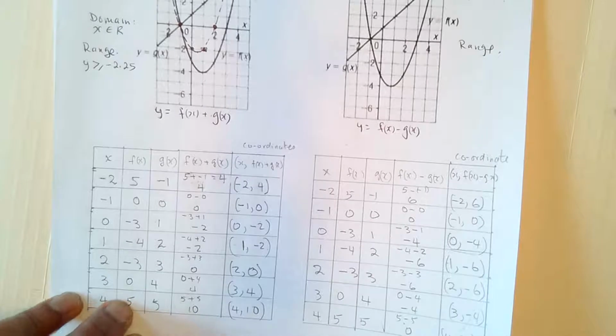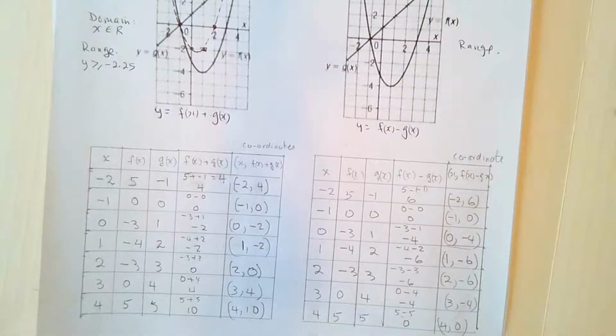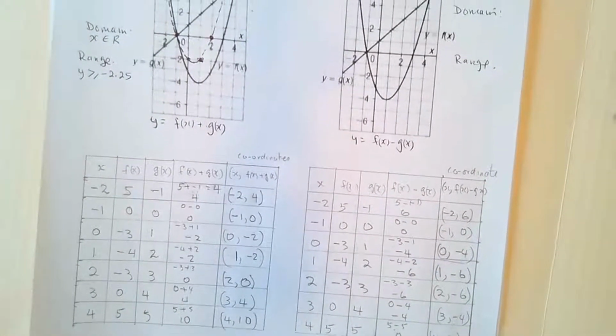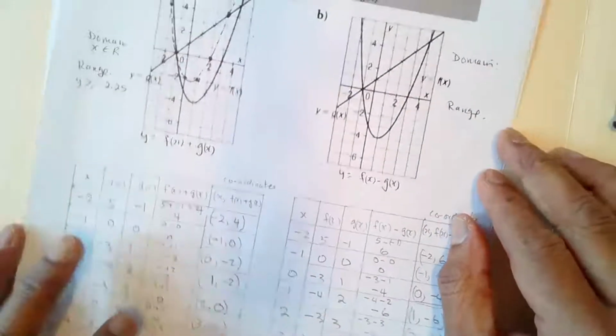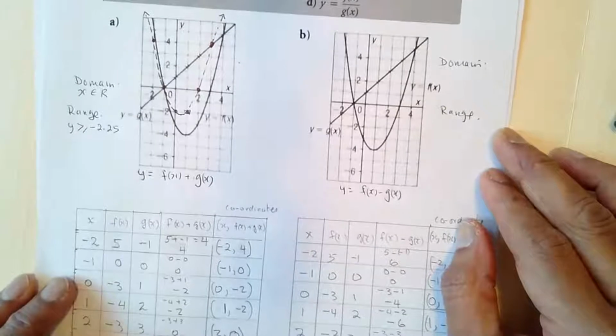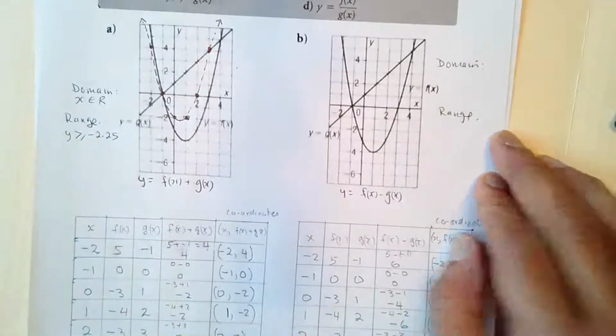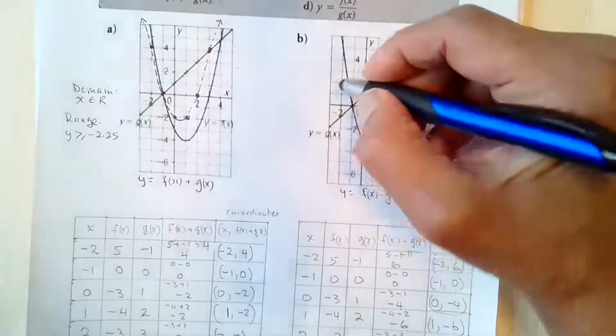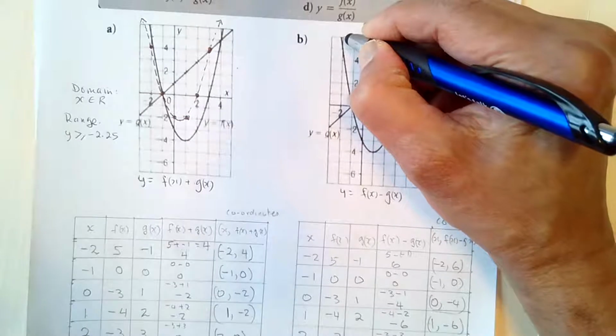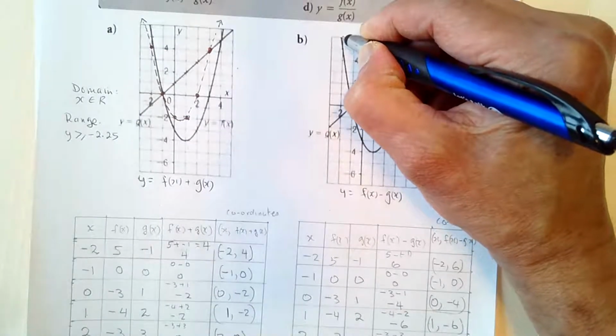Now I'll plot these points on my graph. So the first point I have here is 2 and -6. So -2, 6 here.